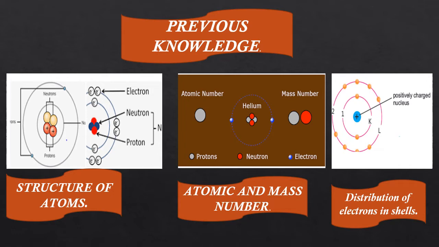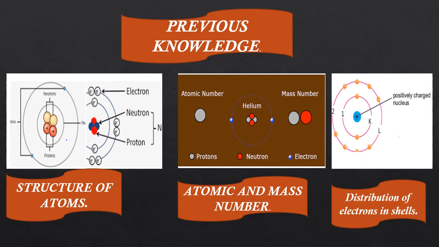In the previous lesson, you have also discussed atomic and mass number. What is atomic number? The atomic number is the number of protons present in the nucleus of an element. It means the number of protons present in the nucleus of an element is its atomic number.